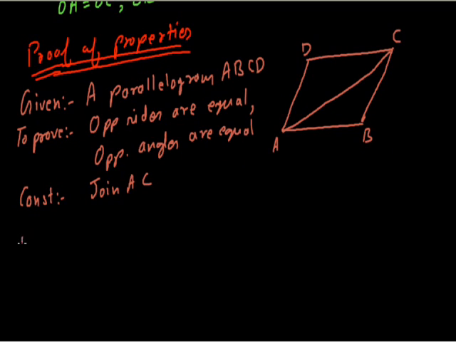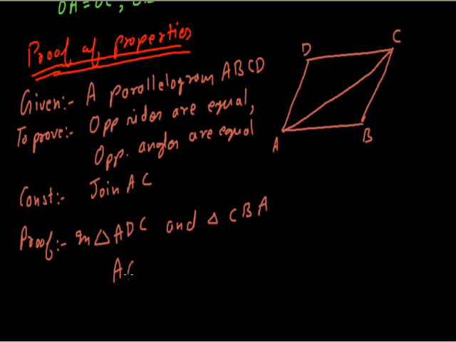Now we have to consider triangle ADC and triangle CBA. In triangle ADC and triangle CBA, we see that the side AC is common to both the triangles.